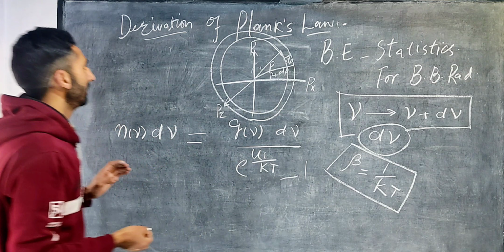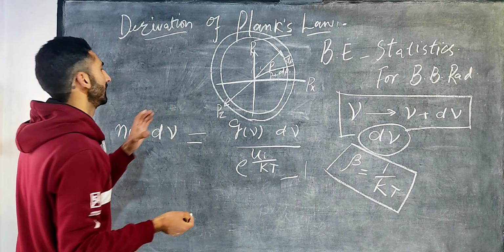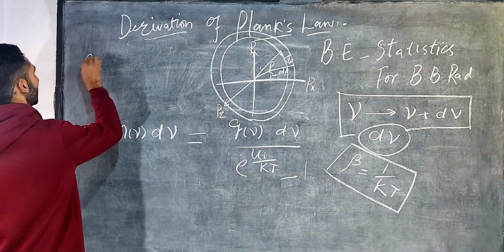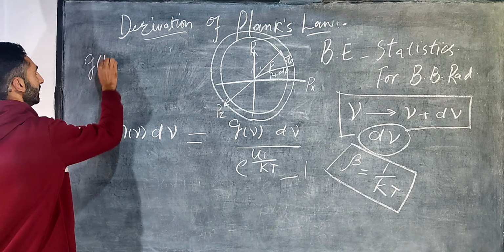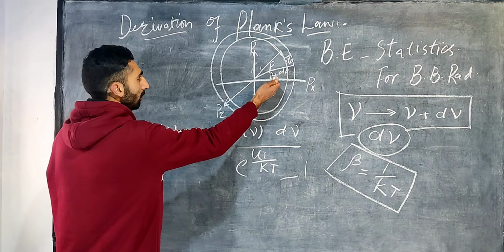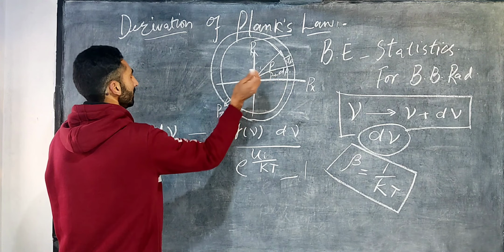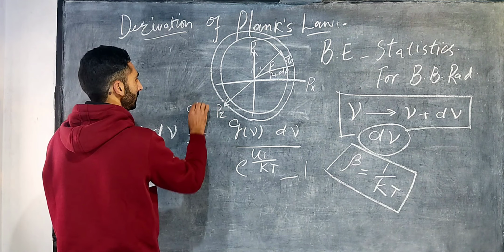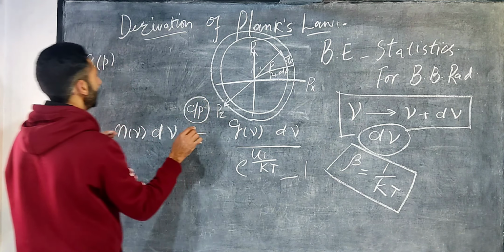Then in that case we get the number of phase space cells within the range of momentum p to p plus dp, that is, the momentum range dp.